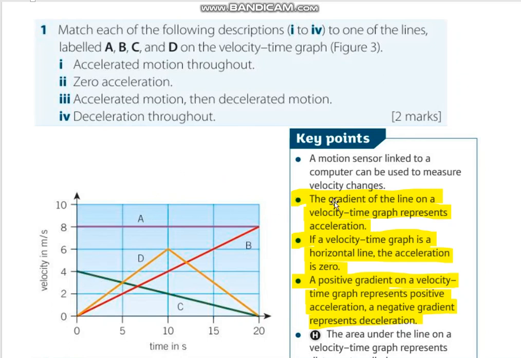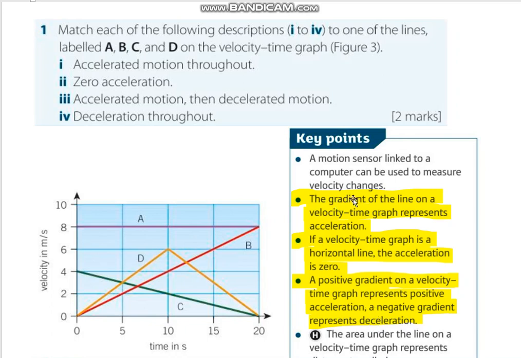Now notice I've highlighted in the key points, taken straight from the textbook, these 3 key points. The gradient of the line on a velocity time graph represents acceleration. If a velocity time graph is a horizontal line, the acceleration is 0. And a positive gradient represents positive acceleration, a negative gradient represents deceleration.